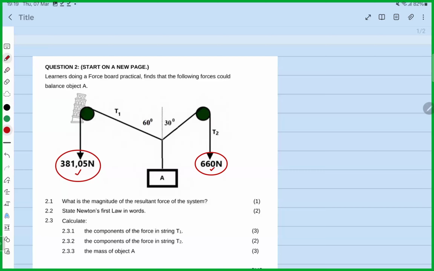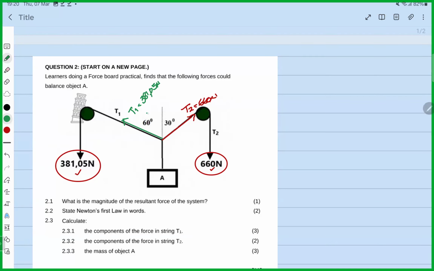So if I ask you what's the tension here called T2, that tension T2 going upwards towards the pulley is 660 newtons. What's the tension here T1 going towards that pulley there? That's 381.05.